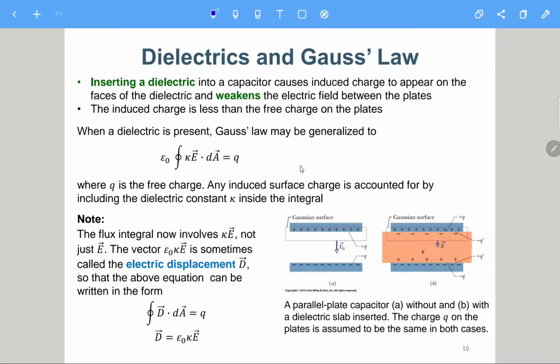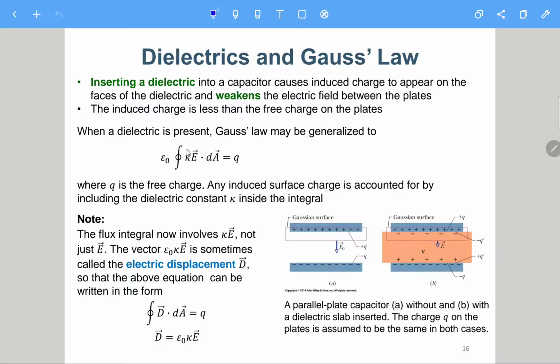So in this case, we will consider the dielectric and the Gauss law. Originally, the capacitor is like this, and we define the Gaussian surface like this. If we insert the dielectric in orange color here, then we need to modify the Gauss law. Originally, we don't have this kappa, but if we insert the dielectric here, we will replace epsilon naught by kappa epsilon naught.